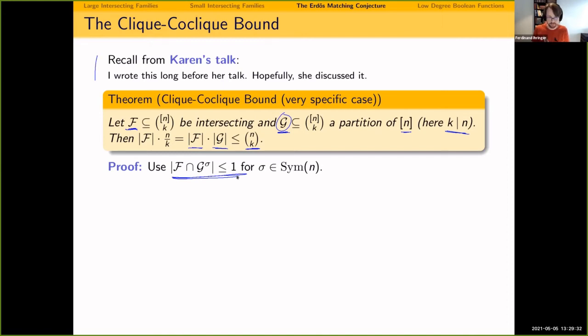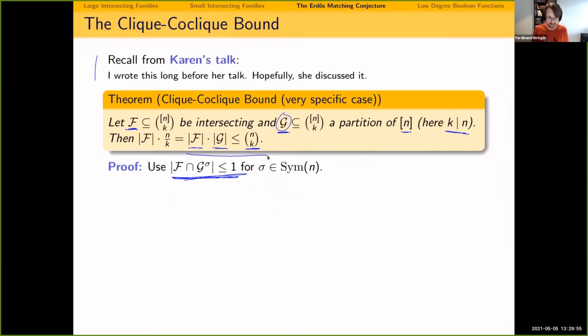So we have this inequality, but we can move our G around, and this will always happen. And you can write down a nice double counting argument, and you will see that this implies this inequality here.